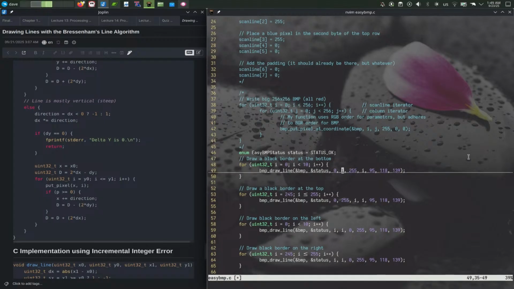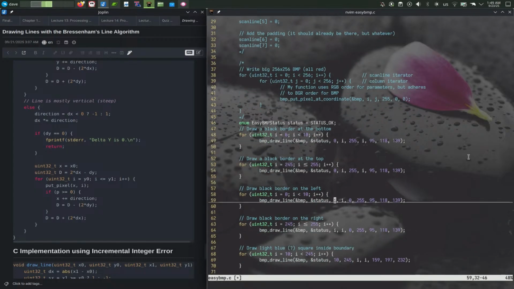There we go. So y is unchanging here. So this should be 255, and this should be I, right? Now this is a vertical line, which is why these stay the same. So I think this should be I, and this should be 0.